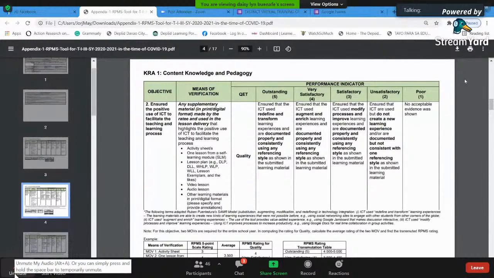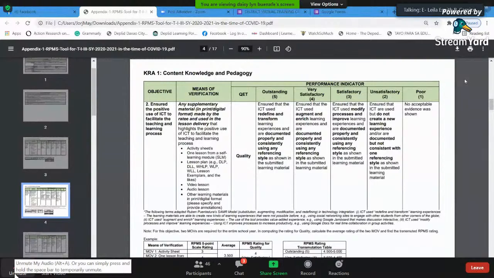So that is for objective number 2. Mag-self-rating ang teacher, tapos i-validate lang, tan-awon sa rater, sa master teacher, sa school head, kung tama ba ang imong pag-self-rate.